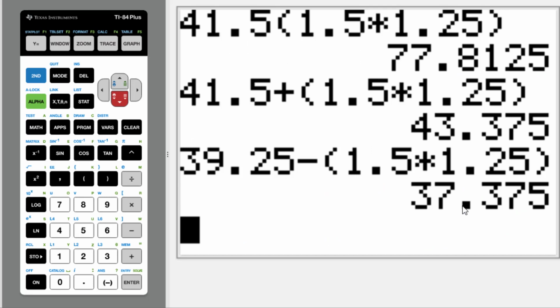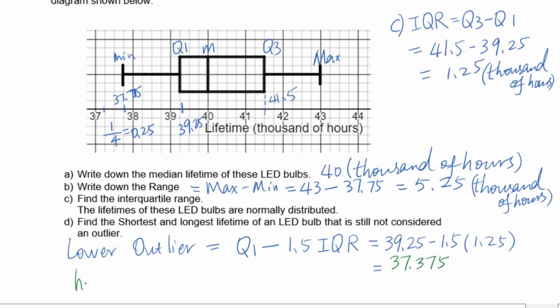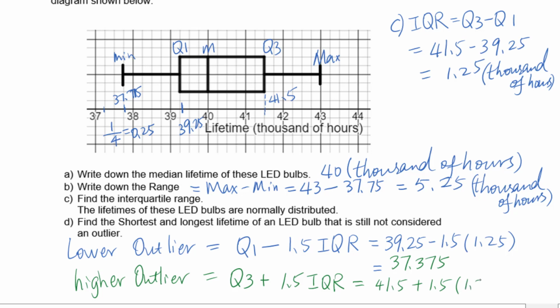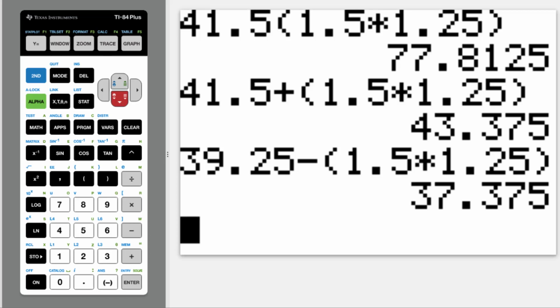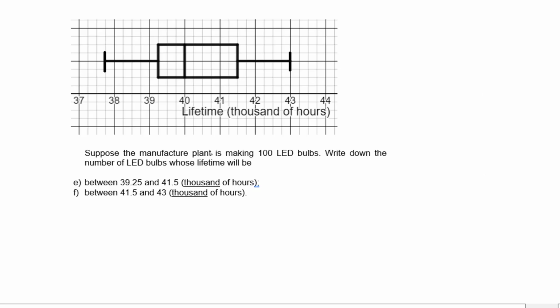Answer is 37.375. For the higher outlier, the upper quartile plus 1.5 times the interquartile range, that equals 41.5 plus 1.5 times 1.25, 43.375.